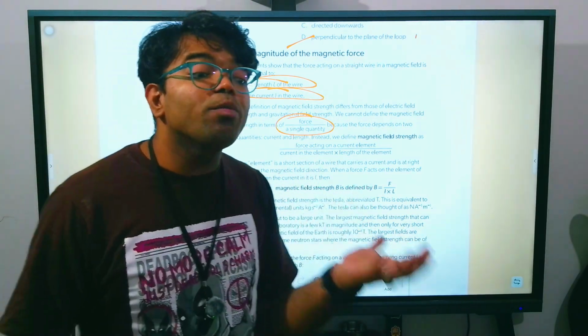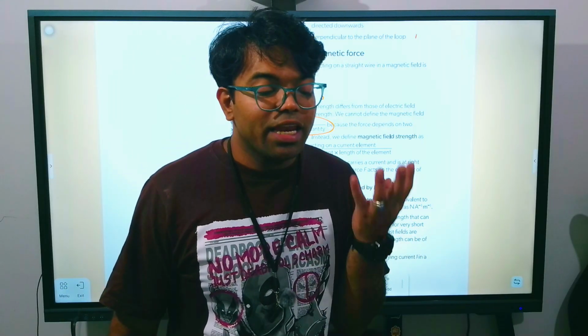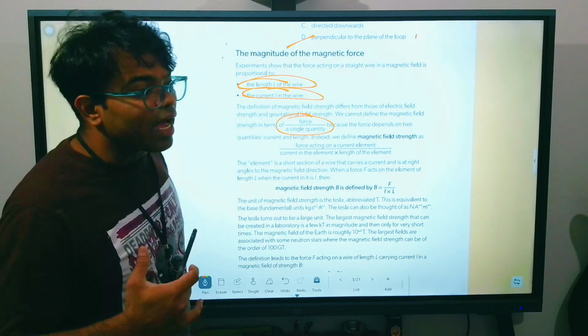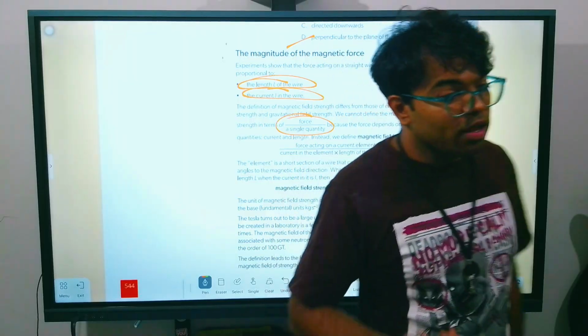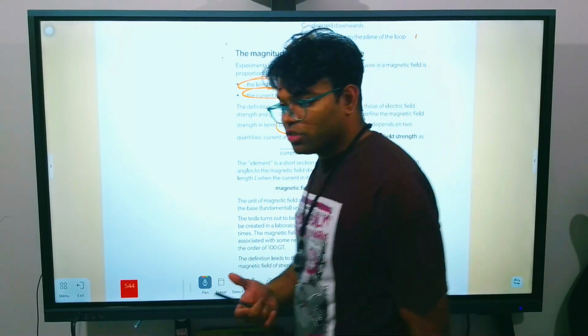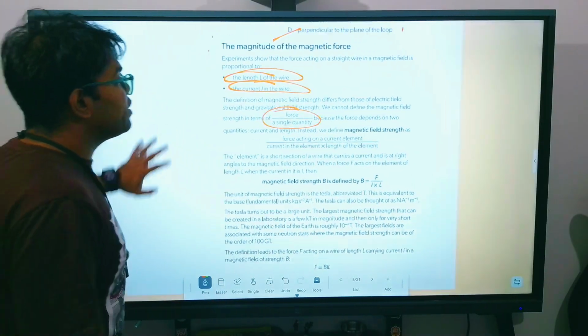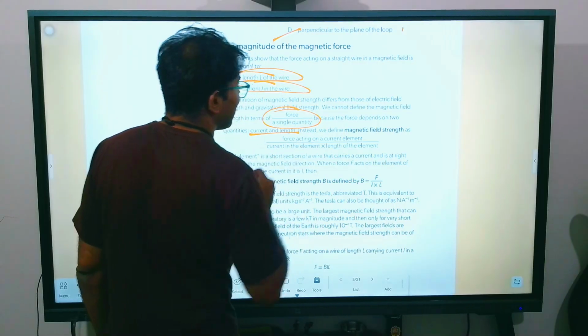Because we don't have monopoles. In a magnetic field, we cannot have an isolated north pole or an isolated south pole. We can only have dipoles, a north and a south pole existing next to each other, because the force depends on two quantities, current and length.